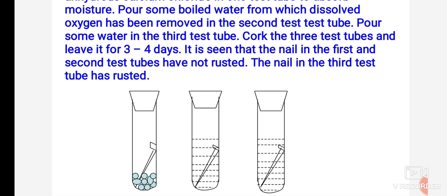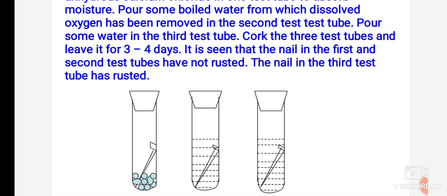In the second test tube, the iron nail is getting water but it is not getting air because it has been removed. And in the first one, you can see the iron nail is getting air but it is not getting moisture.